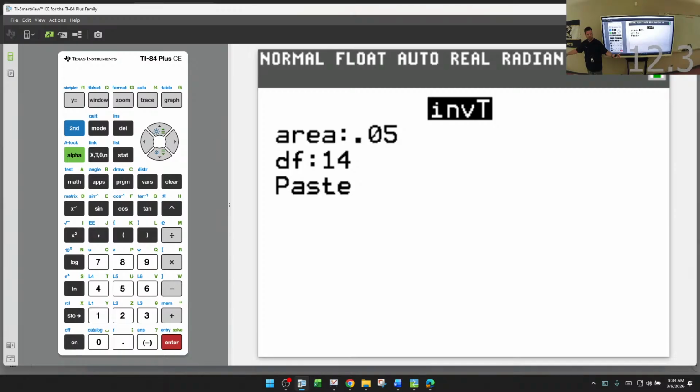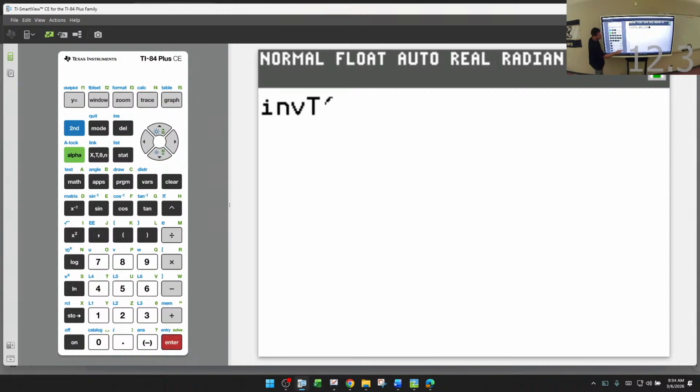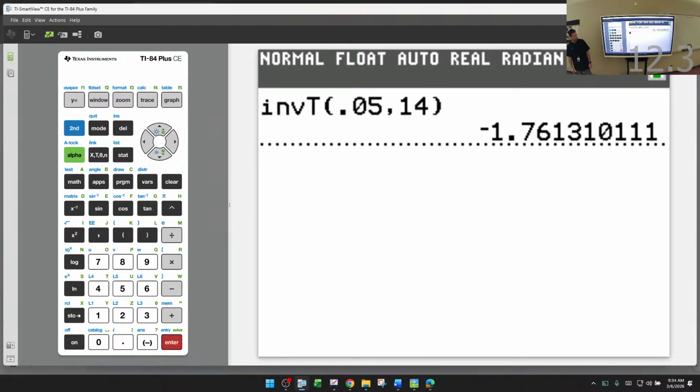So I've got to do 5% with a DF of 14 because there were 16 trucks. So that's the t critical value, negative 1.76 or positive 1.76 because it's plus or minus.